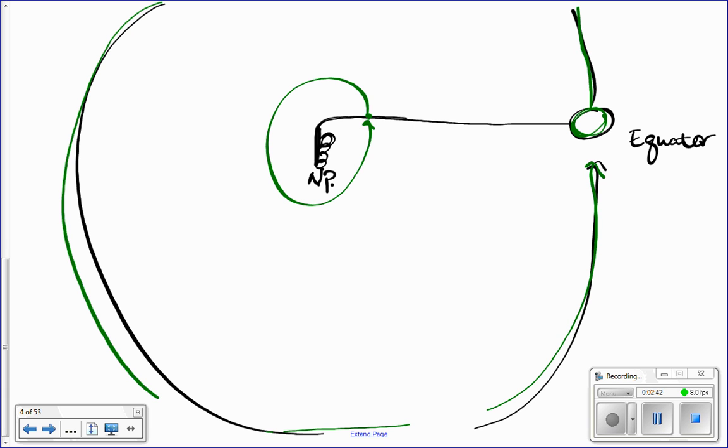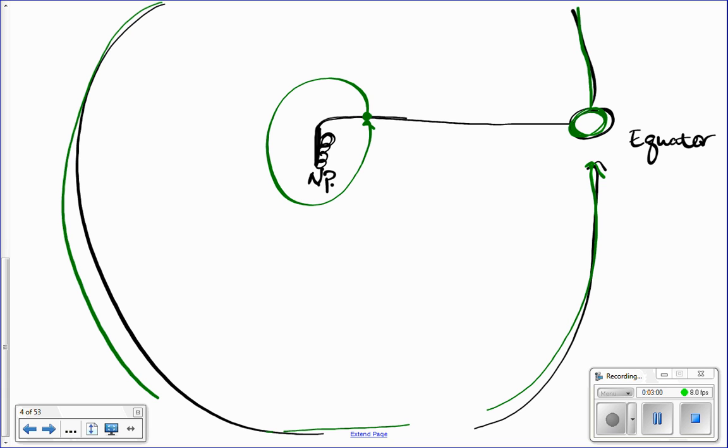So the ball down here on this string is actually going to be traveling at a faster speed than the point closer up here towards the North Pole or your hand, because they have to cover a different amount of distance in the same time.